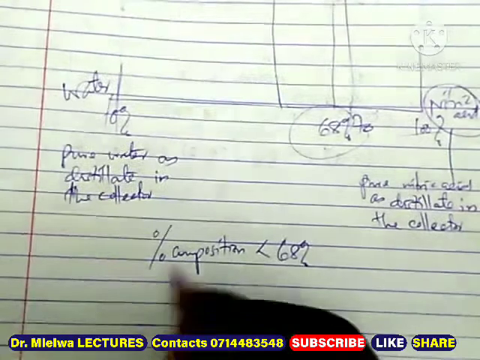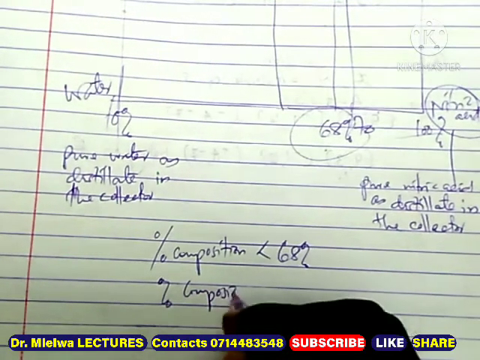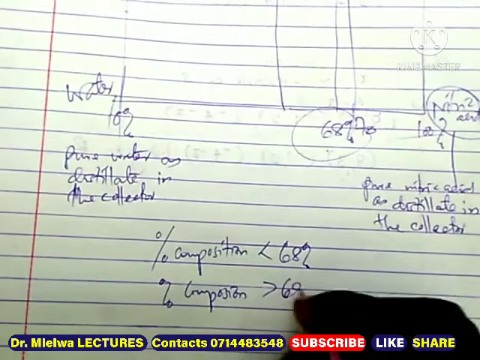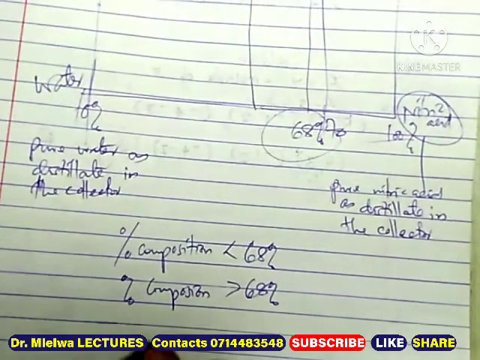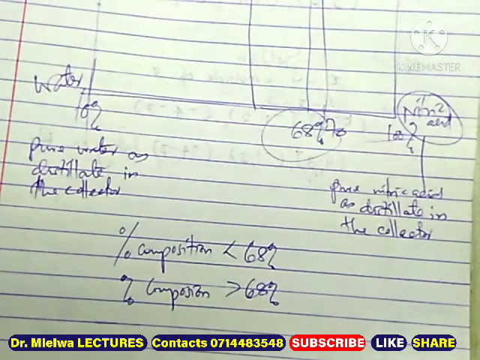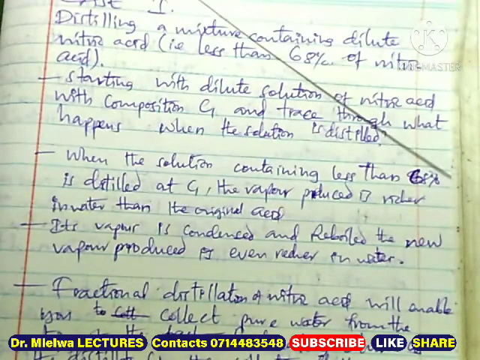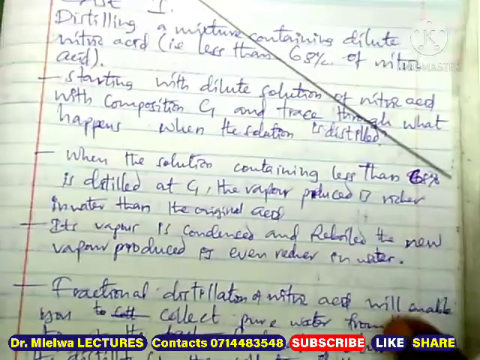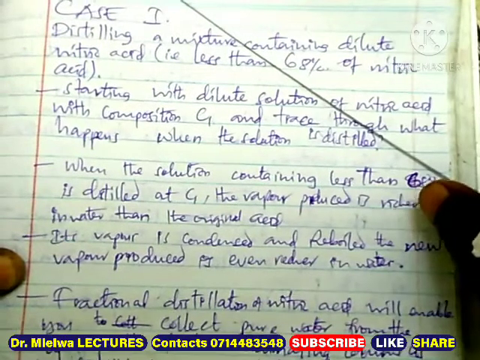Na tukianza na composition greater than 68%, manake pure nitric acid will be collected as the distillate, and the residue is azeotropic mixture.